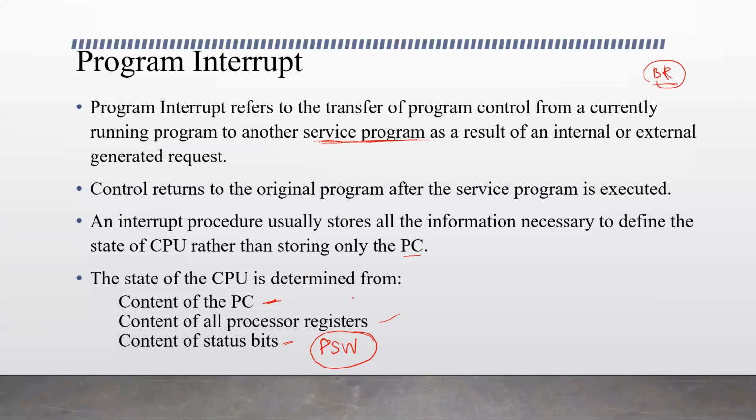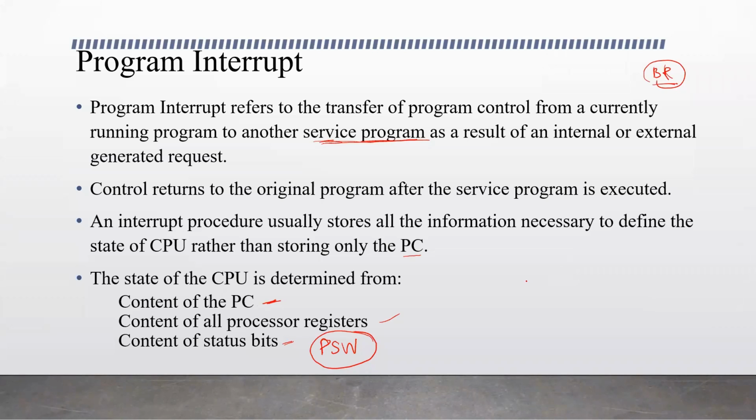But here, when the interrupt signal is given, the currently running program is paused for some time, and the control moves to the interrupt service routine to execute those instructions and returns back to the interrupted place.